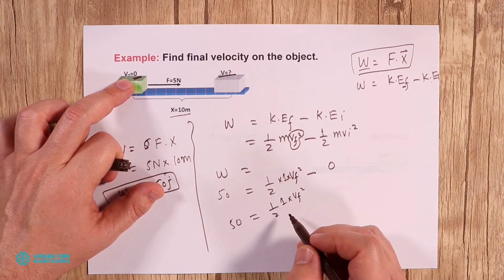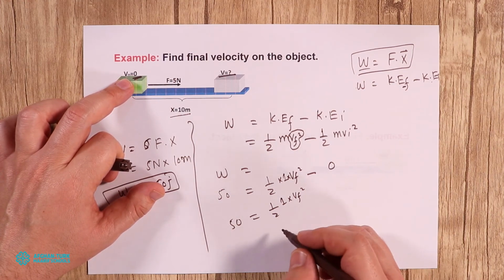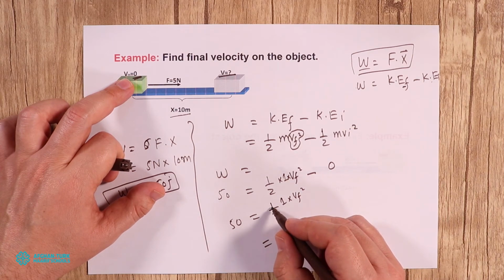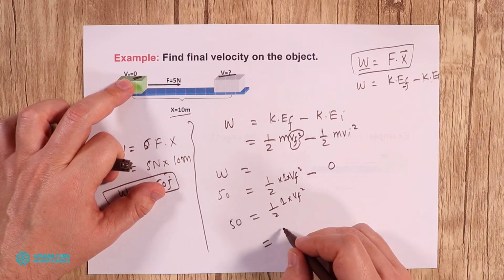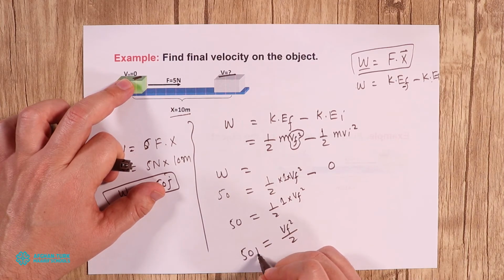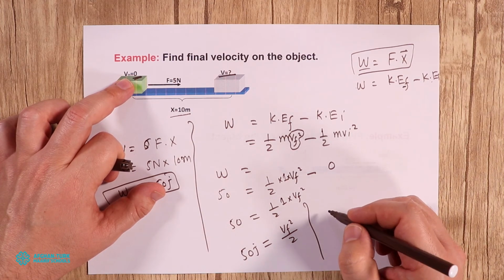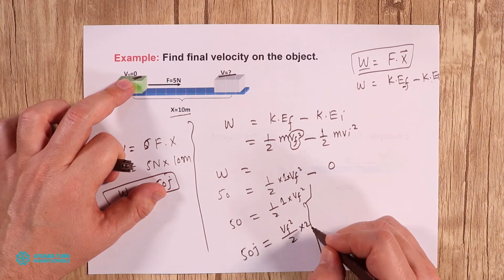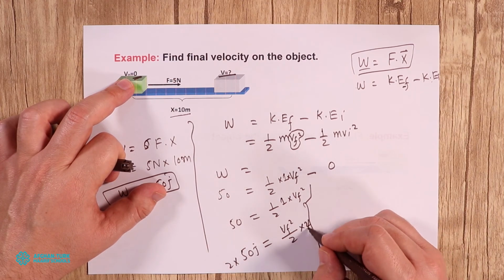So 1 multiplied by 1 and divided by 2 is equal to v_f squared divided by 2, and this is equal to 50 joule. Now multiply both sides by 2, so this will be cancelled.